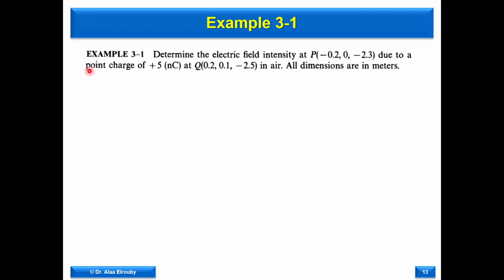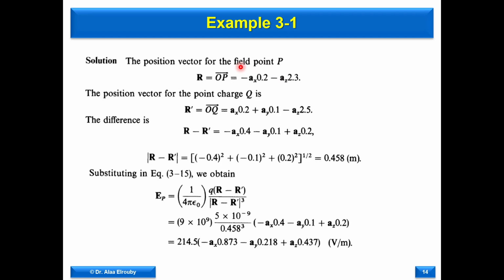It is given here, 0.2 AX plus 0.1 AY minus 2.5 AZ. So R prime is 0.2 AX plus 0.1 AY minus 2.5 AZ. The difference R minus R prime, we just subtract the two vectors, and we need to find the magnitude.